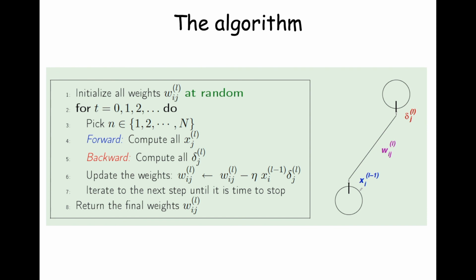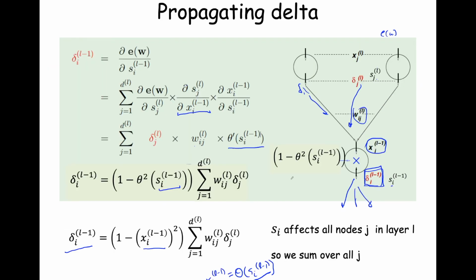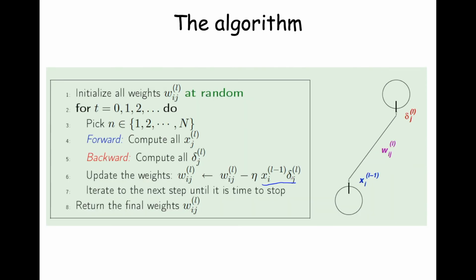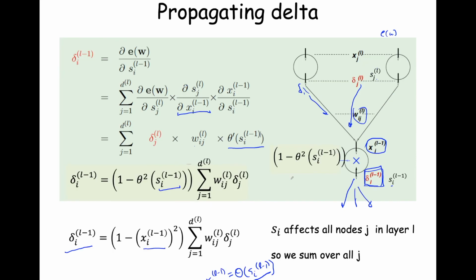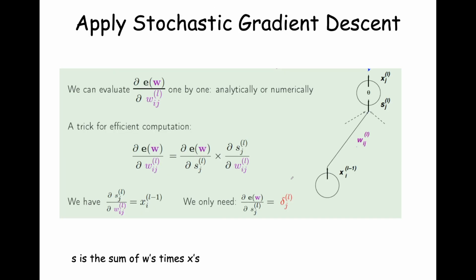Now, if you wonder where this x_i^(L-1) delta_j comes from, if you look back at the network, the delta is this partial derivative of the error with respect to the score, right? So that's where that delta comes from, and the x_i is just the partial of the score with respect to the weight vector. And so that's really just a decomposition of this chain rule here, right?